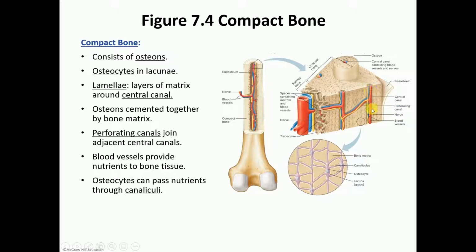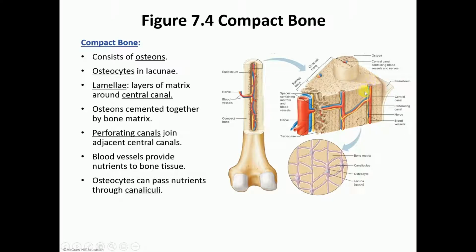And then the blood vessels will go vertically up and down in order to distribute oxygen to all of the osteocytes. And these vertical canals are known as the central canals. Now, each central canal has an artery, a vein, and a nerve.